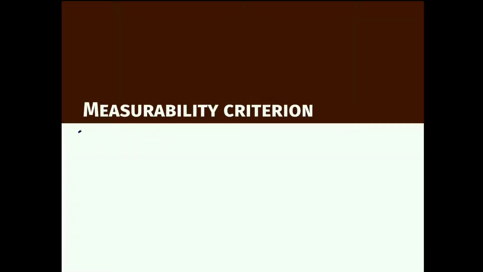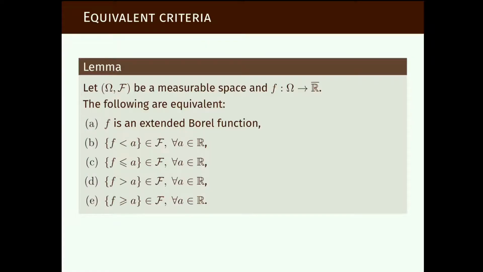Now let us state some simple criterion that we can test in order to say that a certain function taking values on the extended real line is measurable. The lemma of equivalent criteria says we can choose one of these four conditions to check in order to say that a given function is measurable. So a function taking values on the extended real line is an extended Borel function if and only if any of these conditions occur.